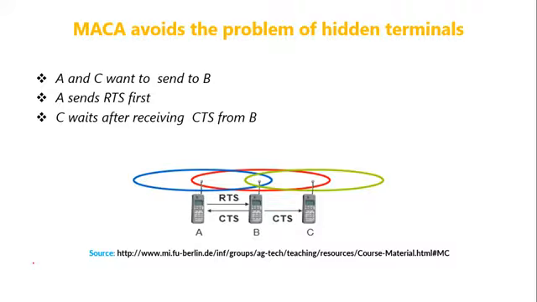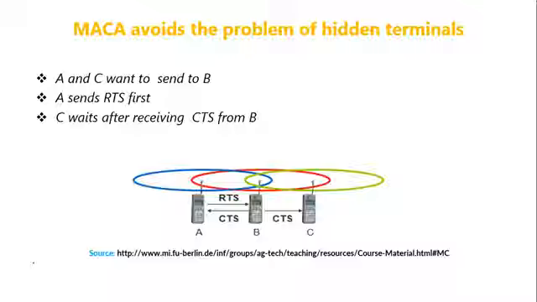It includes A's IP address, B's IP address, and also the duration of the communication. This RTS will be received by B, but it will not be received by C because C is not in the detection range of A. C cannot detect packets that were sent by A because C is not in the range of A.